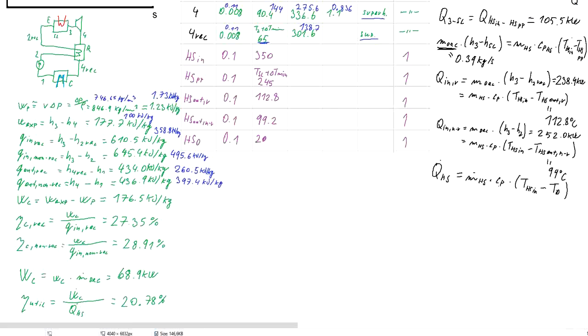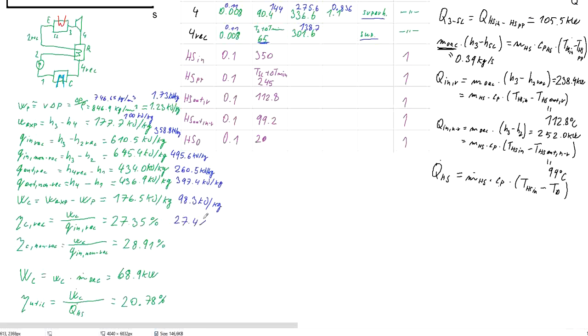So the work of the cycle is 98.3 kilojoules per kilogram. The efficiency of the recuperated cycle is 27.4%.